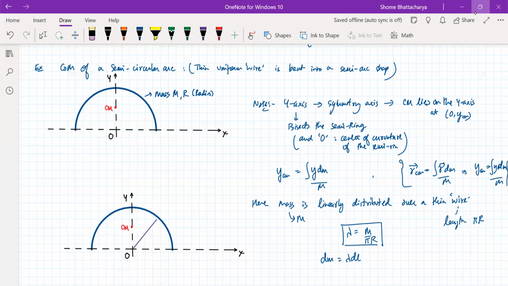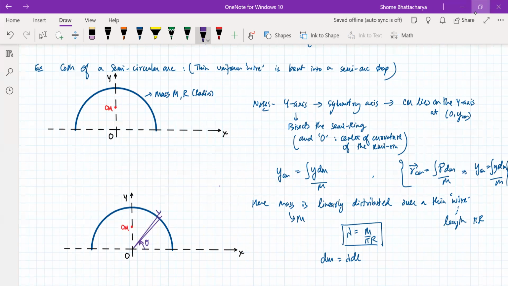So we will slice an arc somewhere here, so that we can locate that tiny arc or tiny particle of length dl from its angular position with respect to the x-axis. This is how we locate this small section.